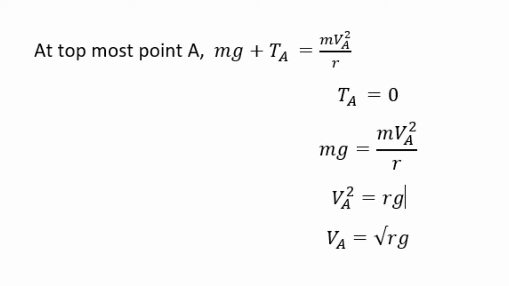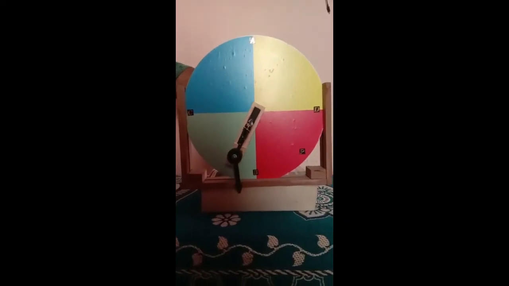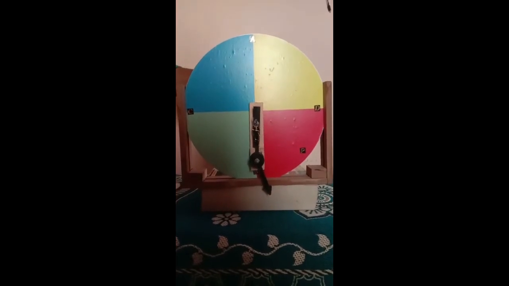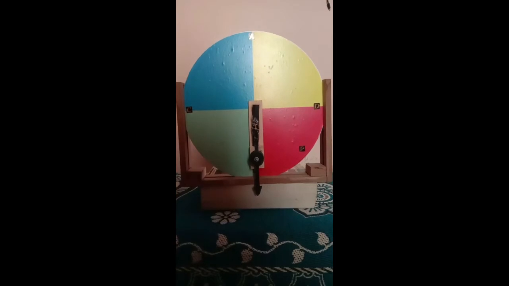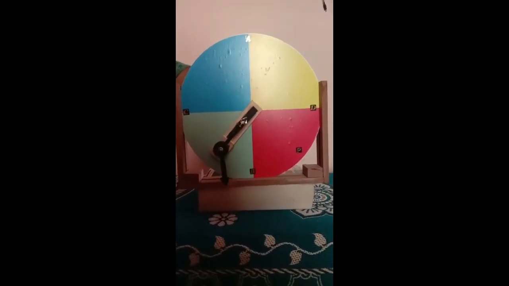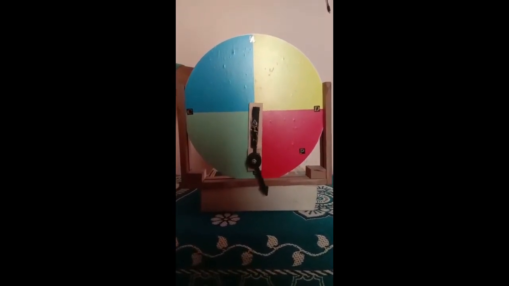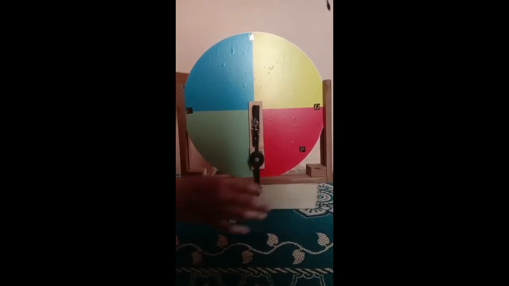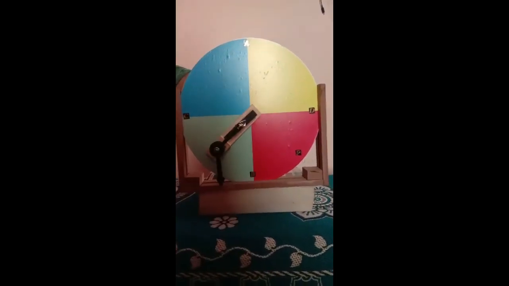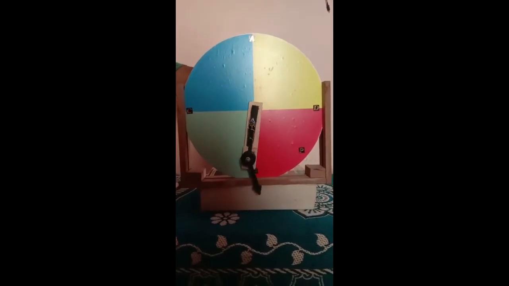The object has both kinetic energy and potential energy. So at point B, the tension in the rod is acting towards the center and the gravitational force is acting opposite to that, in the downward direction.